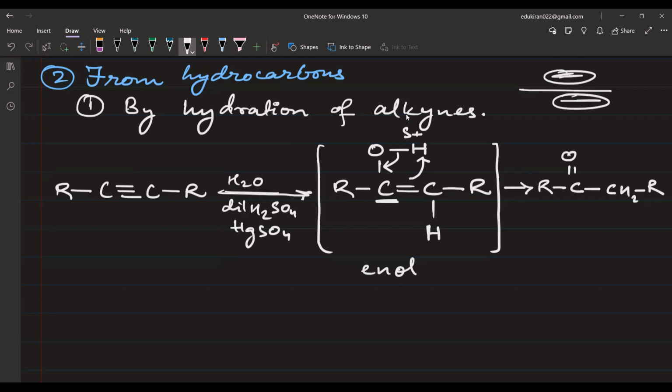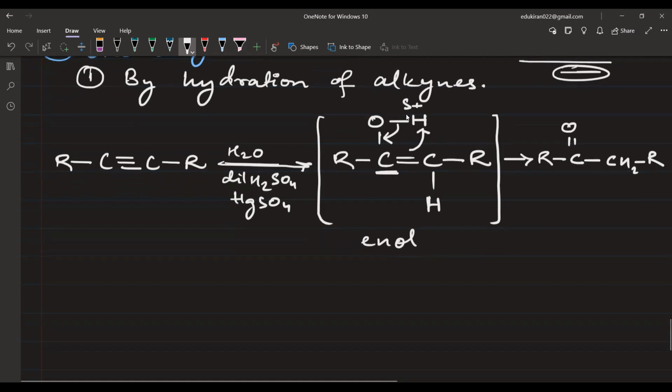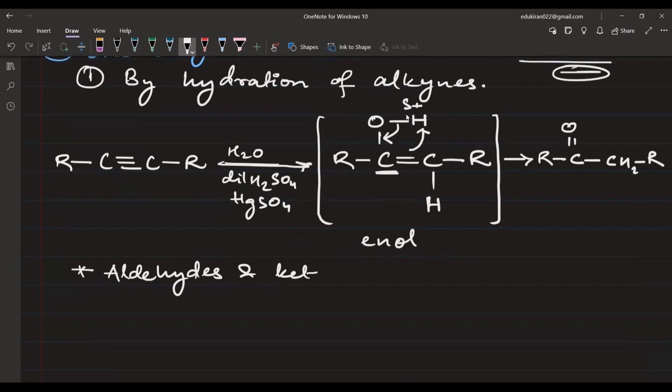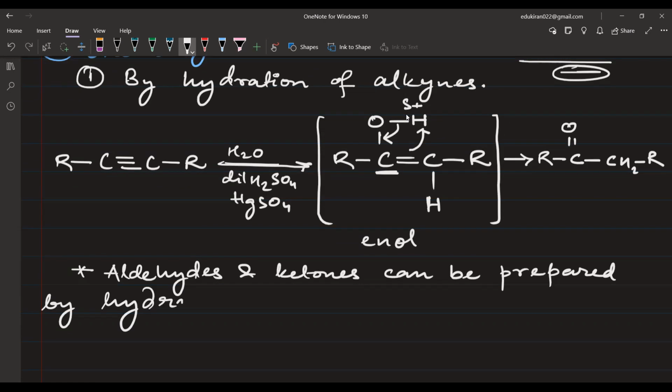So first of all, write the statement for this reaction. Aldehydes and ketones can be prepared by hydration of alkynes.